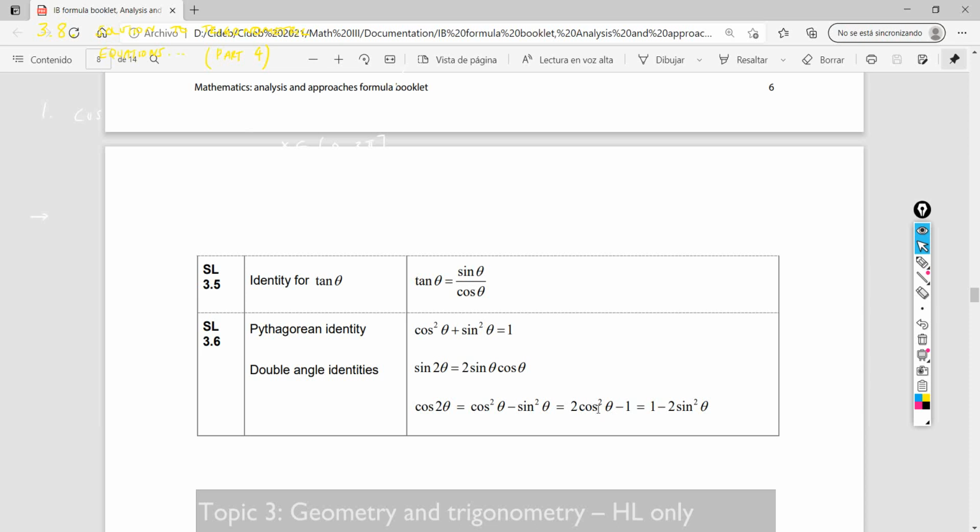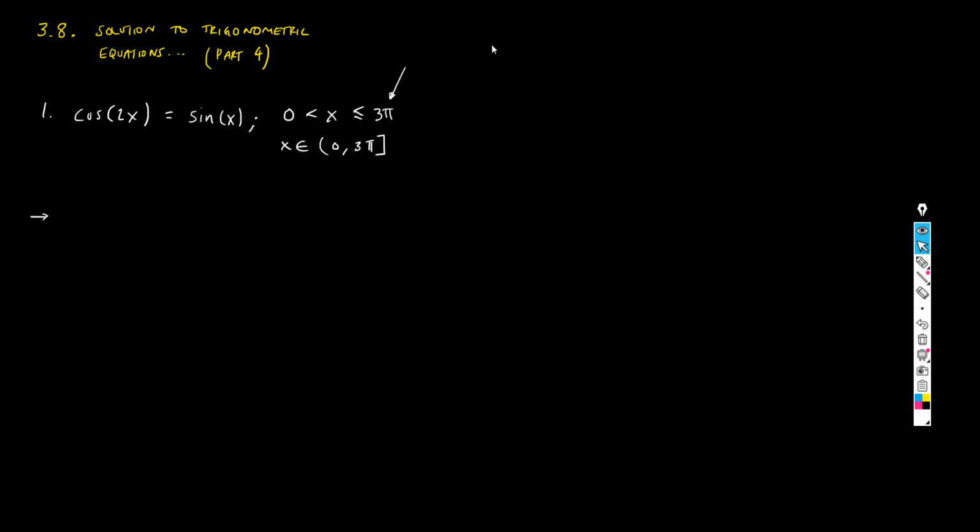This one has cosine, right? And this one has only sine. And why do I want this one? Because if I choose it, let me choose it right away, and let me substitute it. You're gonna get 1 minus 2 times sine squared of x equals sine of x.